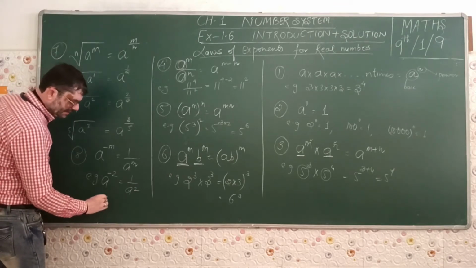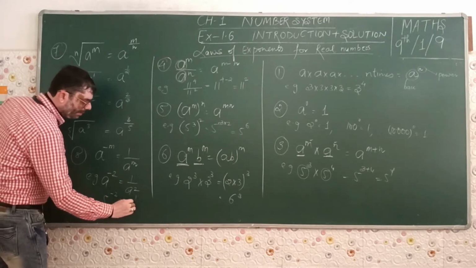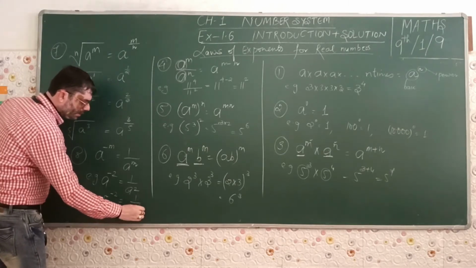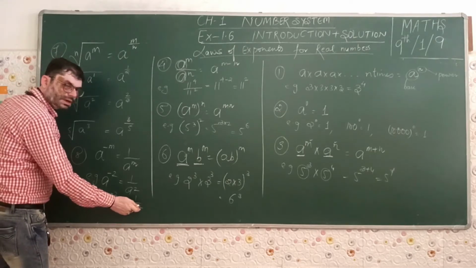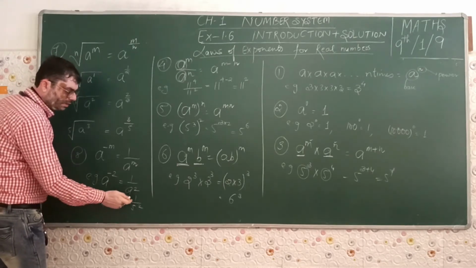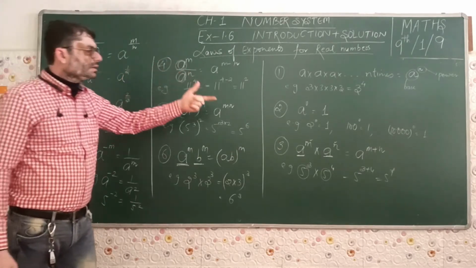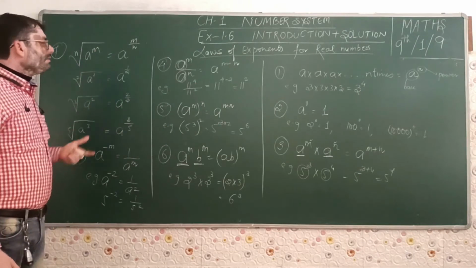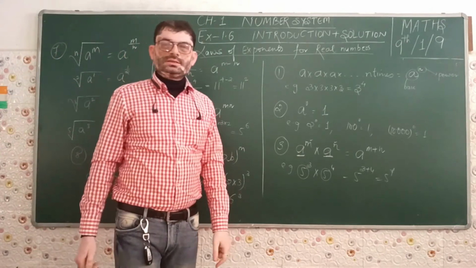Or you can say, let us take a digit also. 5 to the power minus 2 means 1 by 5 to the power 2. You can take 5 to the power minus 3 as 1 by 5 to the power 3. Minus 4 is 1 by 5 to the power 4 and so on. In this way, these are the laws of exponents that we will be dealing with in our exercise 1.6.